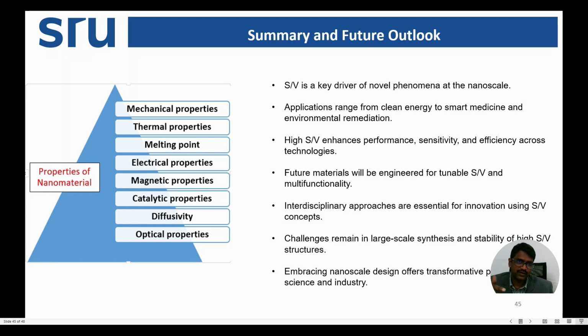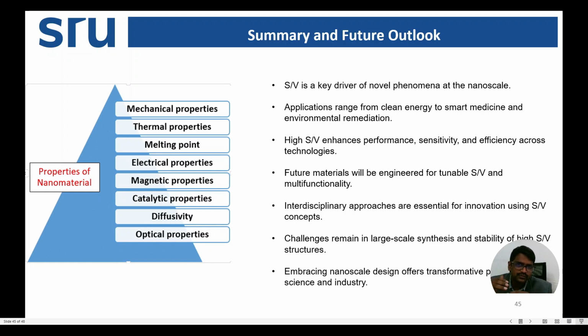We can achieve this in the laboratory, but to scale it up to industry level, to a commercial level, is still a challenge. When you make a material at small scale, it is easy to control the temperature and the pressure, so that we can achieve the desirable particle size and the desirable morphology.